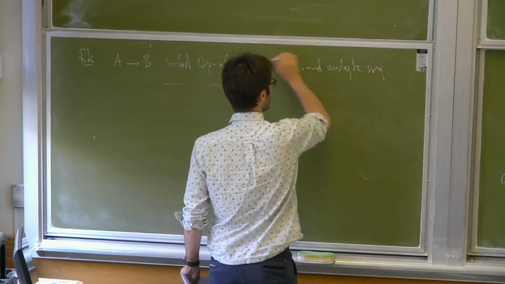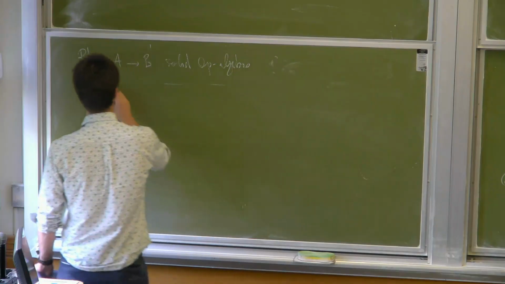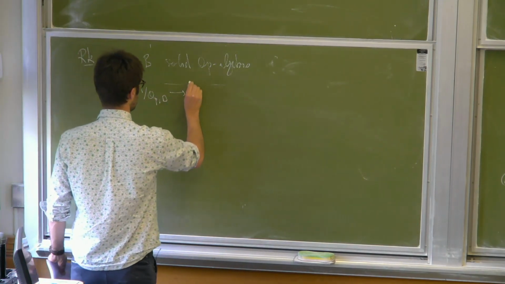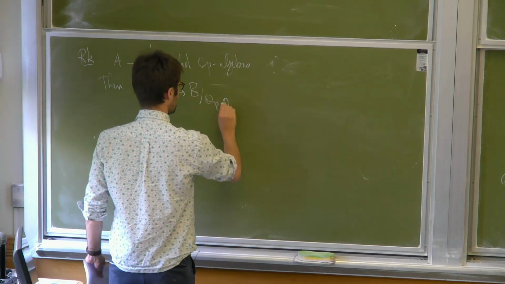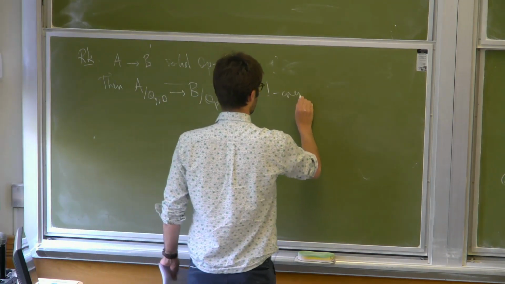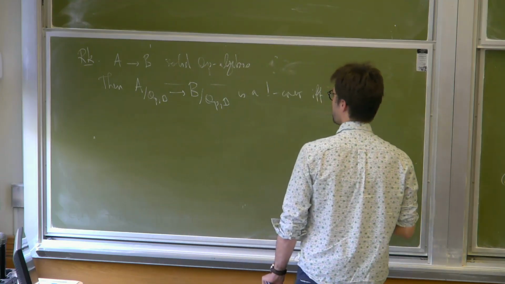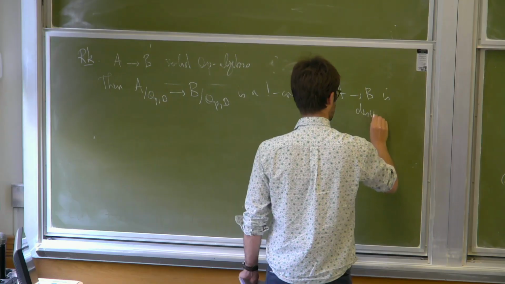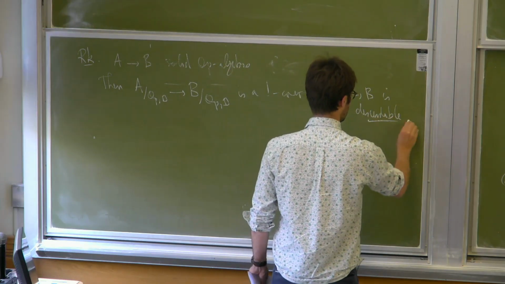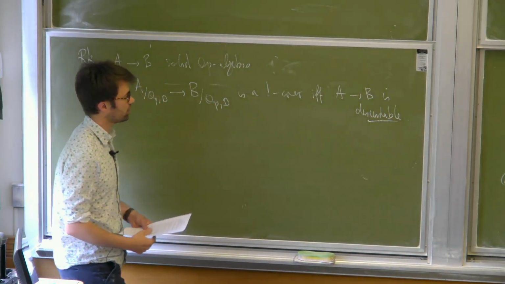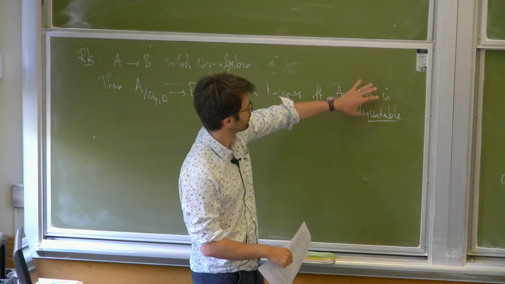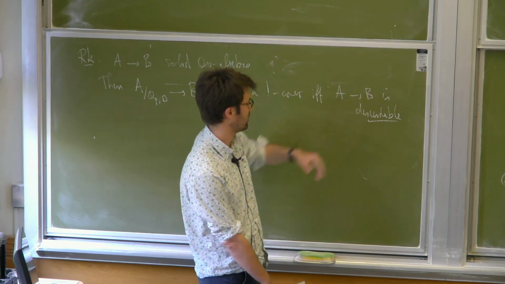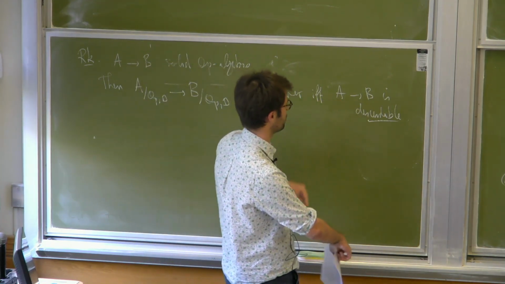So sorry, maybe I should say, then the induced morphism of analytic rings is a Schrick cover if and only if the map A to B is descendable, meaning that A belongs to the smallest subcategory which is generated under finite limits and retracts by B. So it has some kind of finite resolution by B modules.